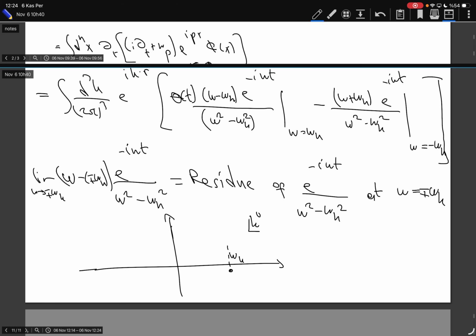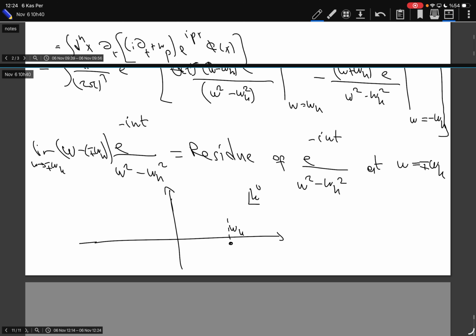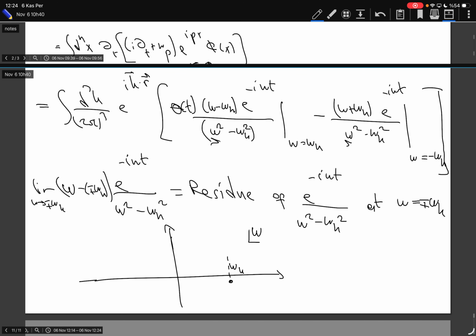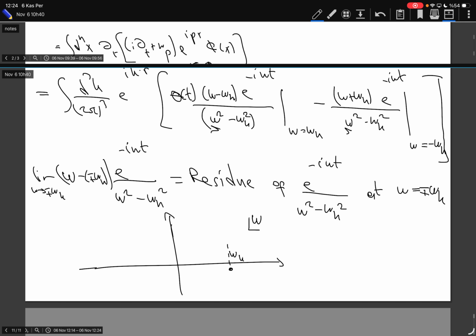This is omega k. No, sorry, I'm integrating over omega, not k0. That's why I call this omega. And the other pole should be over here at minus omega k.